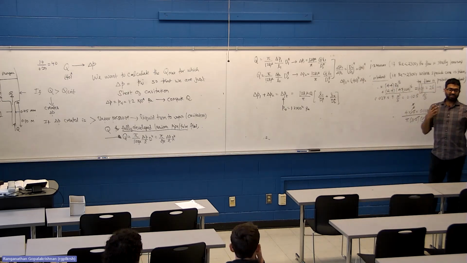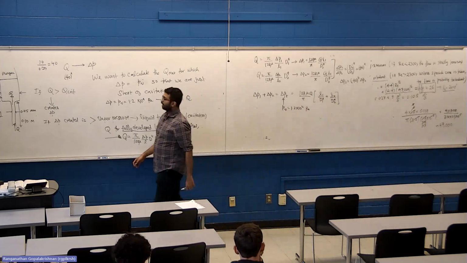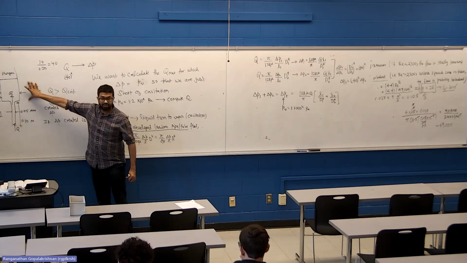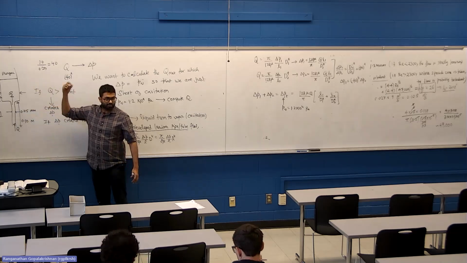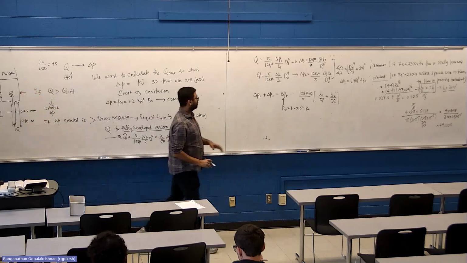So if somebody asks you, as a mechanical engineer, where is most of the pressure drop in the syringe? Almost everything is in the needle compared to what is in the syringe itself. The needle causes most of the pressure drop. A very minuscule portion is dropped in the syringe itself. Okay, we'll come to that.